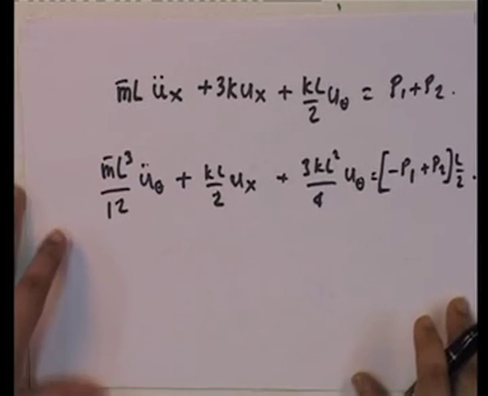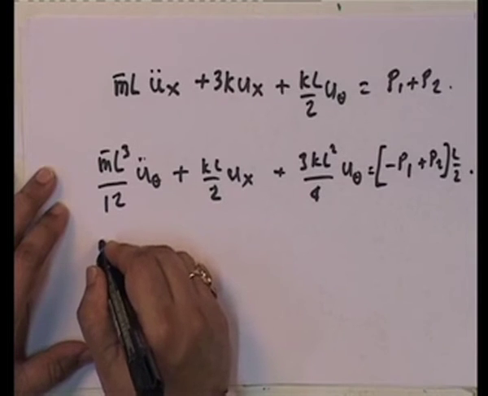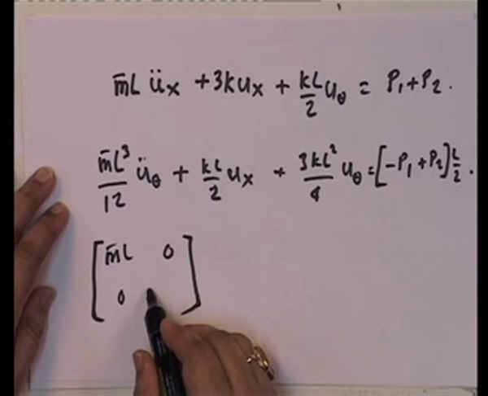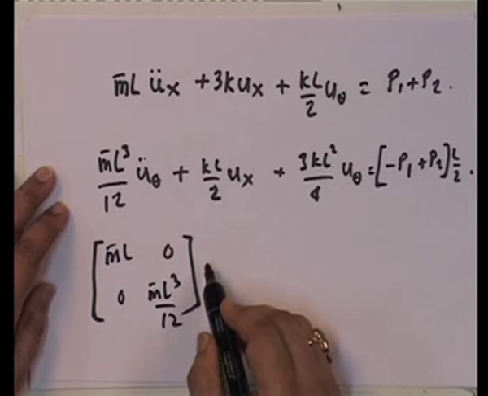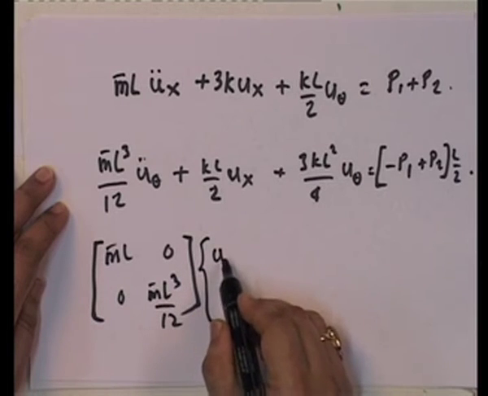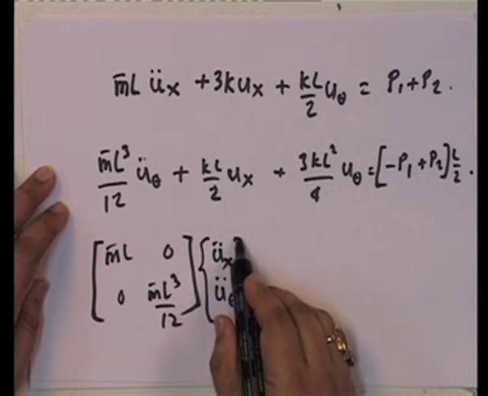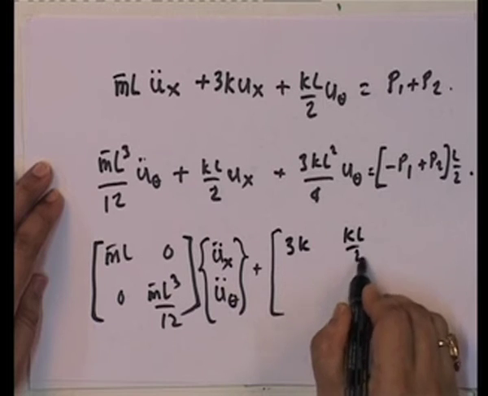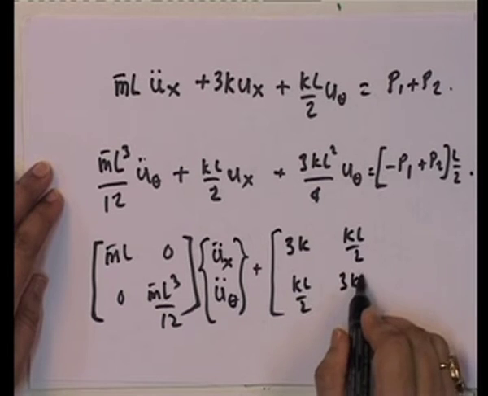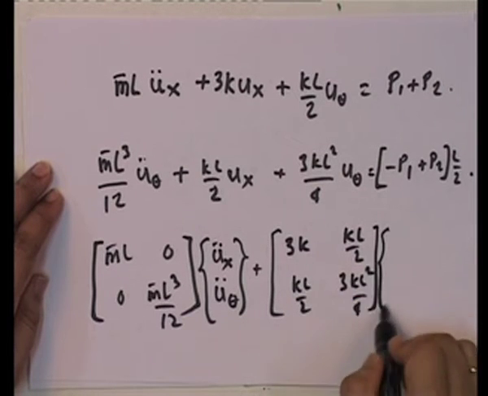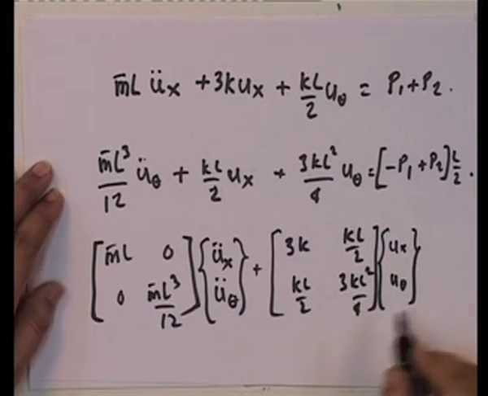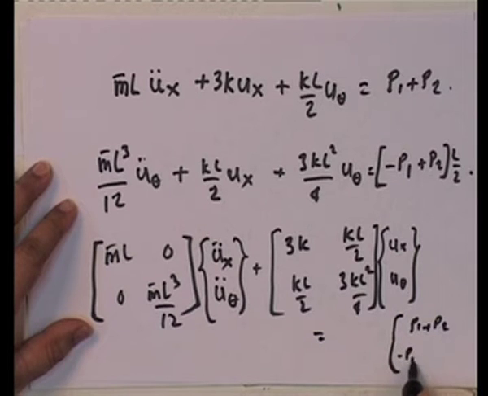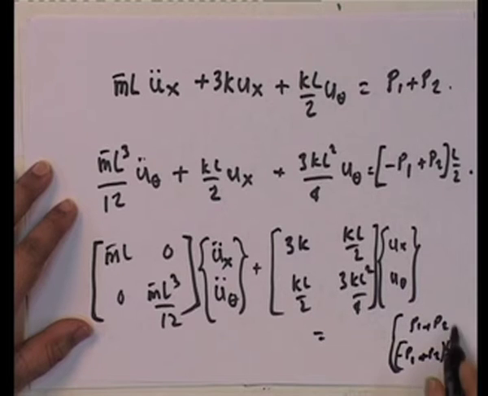So, if I rewrite this equation in a matrix format, what I get is this: m bar L, 0, 0, m bar L cubed upon 12, equal to P1 plus P2, and on this one I have (P1 plus P2) into L by 2.